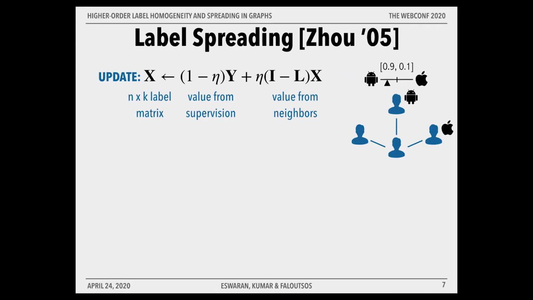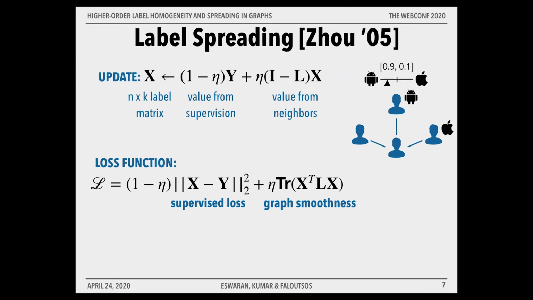So this process is repeated iteratively, as we saw earlier, and it turns out that it can also be neatly expressed as a loss function, which has one term corresponding to supervised loss and the other constraining labels on the graph to be smooth. And it turns out that this also has a closed form solution and pretty nice convergence guarantees, which is why label spreading tends to be widely used, since it can scale well as well.